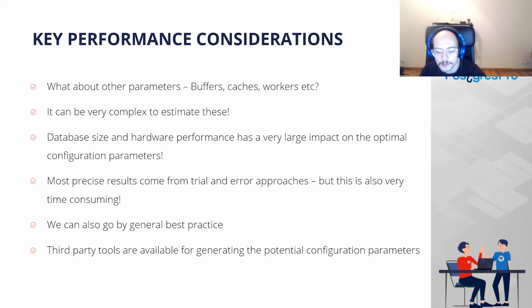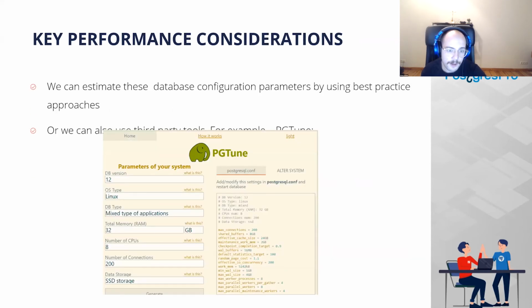And unfortunately, the most precise results come from trial and error, which is good in a test environment, but won't really work in production. So I guess the good idea would be to simulate your Zabbix instance in a test environment. We can see some overlay over here, but no worry, I can explain this verbally. So a good estimate, and I have seen this used before, is third-party tools where you can plug in your database version and your hardware specs.